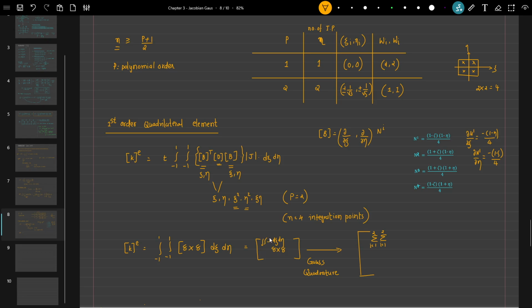And this term, whatever it is, is basically after multiplying B transpose D and B. This term is a function of zeta eta, and the maximum polynomial order is 2. So this function and weighting factors wi, wi, and this will be an 8 by 8 matrix. This is not exactly like this, but this is the kind of double summation each term will have.